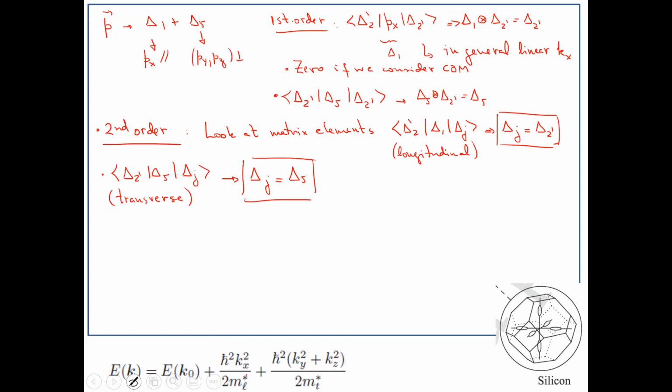There's a longitudinal mass, ML is the longitudinal mass, MT is a transverse mass. So the dispersion can be well described using this equation to first approximation. When you depart from the minimum of the conduction band, it gets more complicated.